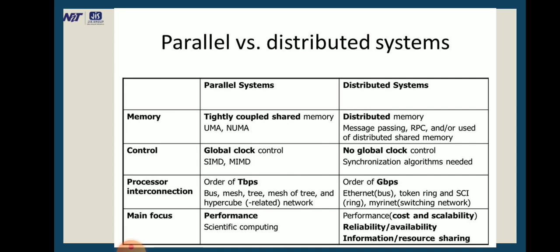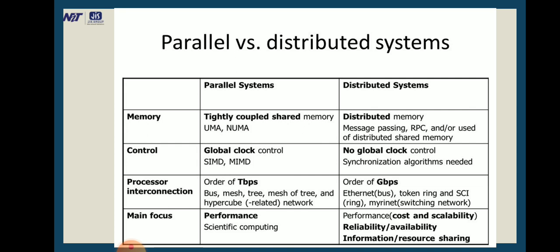Parallel computing occurs in a single computer, whereas distributed computing involves multiple computers. In parallel computing, multiple processors execute multiple tasks at the same time, whereas in distributed computing, multiple computers perform tasks at the same time.